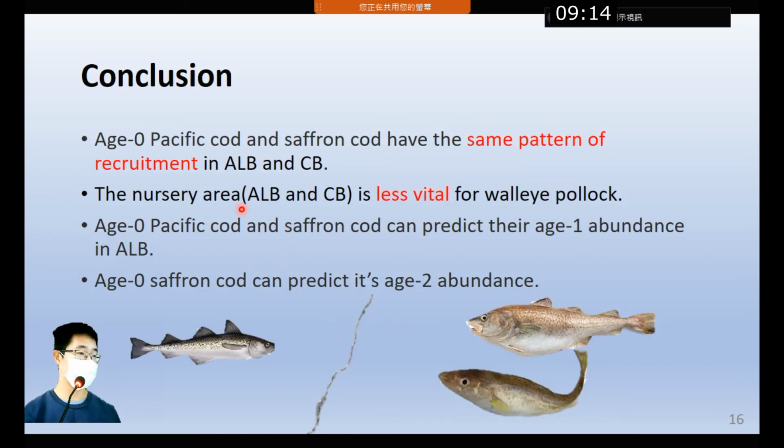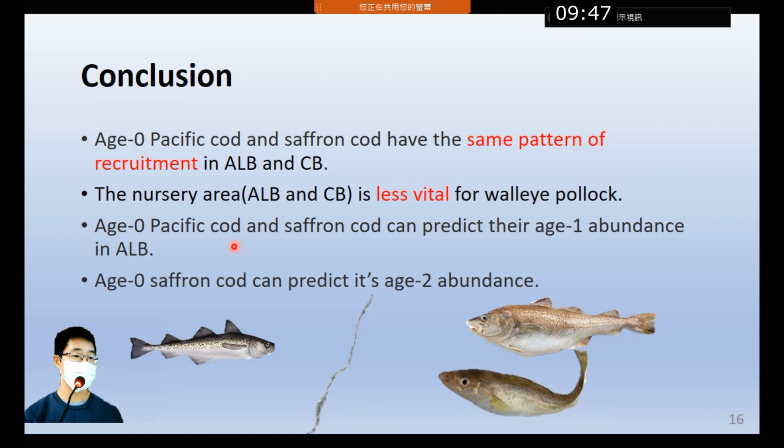Here's my conclusion. H0 Pacific cod and the saffron cod have the same pattern of recruitment in ALB and CB. But the nursery areas ALB and CB are less vital for walleye pollock because we don't observe any H1 or H2 walleye pollock in the baited camera.